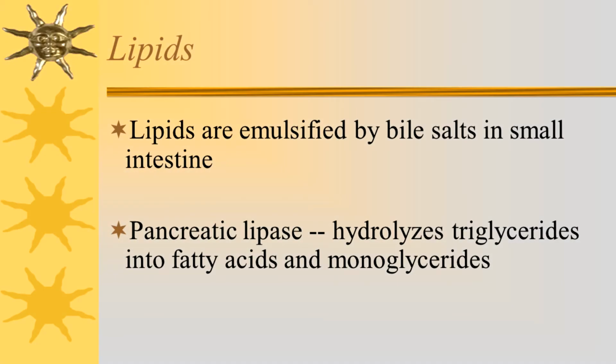Lipids. Okay, so we know from the lab that lipids are emulsified by bile salts in the small intestine, and then pancreatic lipase, which is secreted in the pancreatic juice, hydrolyzes triglycerides into fatty acids and monoglycerides.